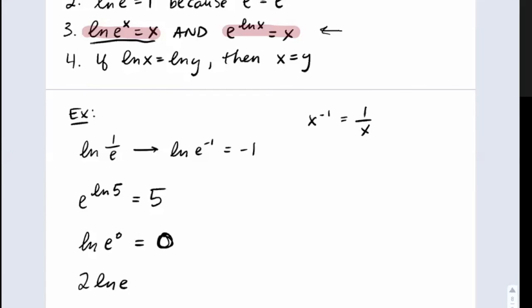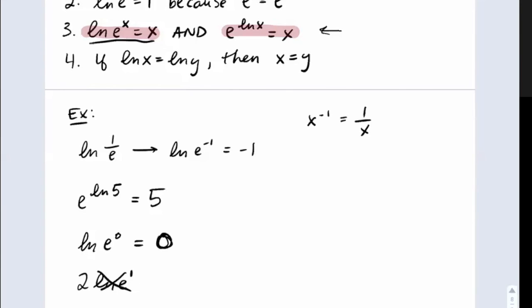How could we use the properties of natural logs to rewrite that? Here we have this ln of e that we keep seeing, and it doesn't have any power written, but since this e exists, it implies that there's a 1 there. If these cross each other out and become whatever this exponent is, then 2 ln of e becomes the same as 2 times 1, and that just simplifies to 2.